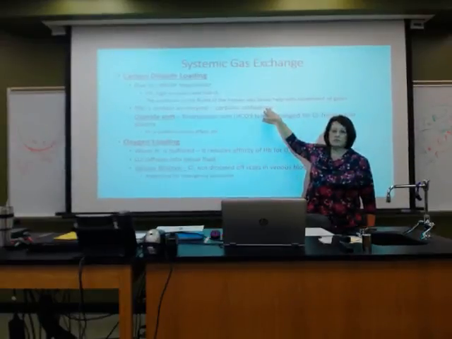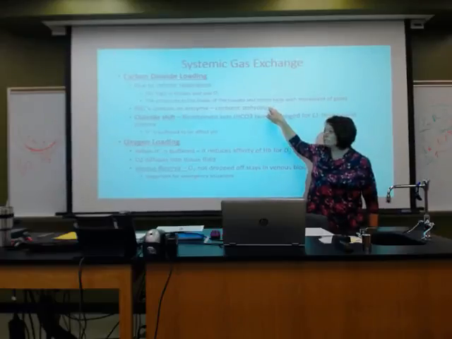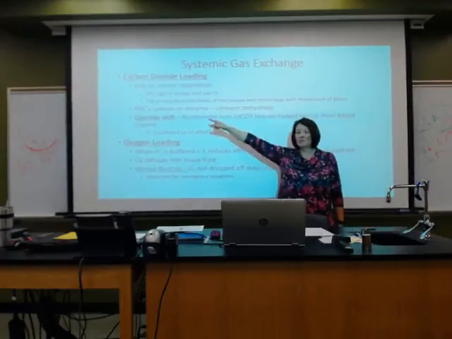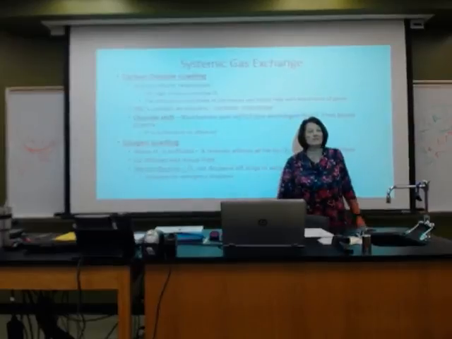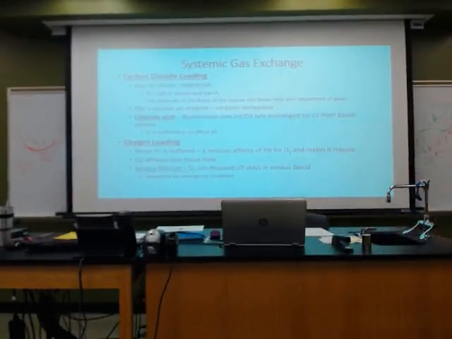This is one of the systems. And it actually comes from the red blood cell itself that is not picking up the CO2 like I originally thought. Is everybody following me? Mm-hmm. So, the carbonic anhydrase.